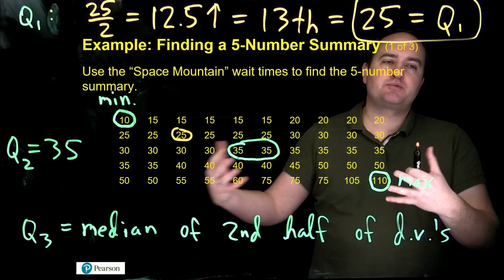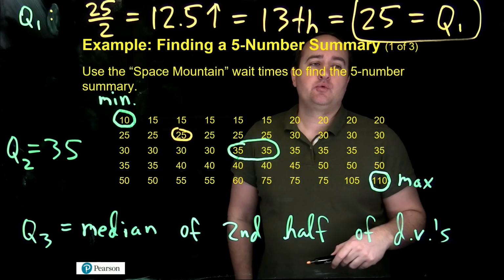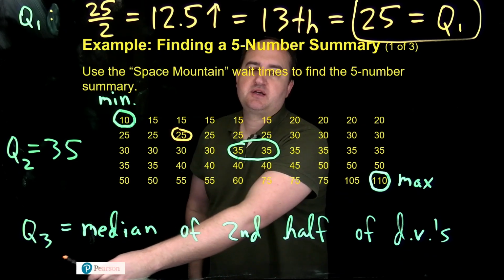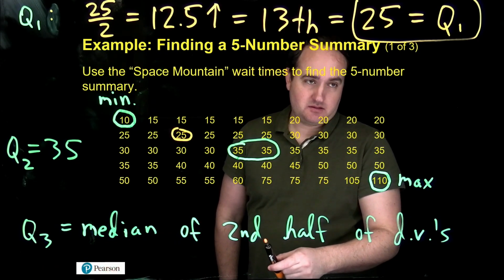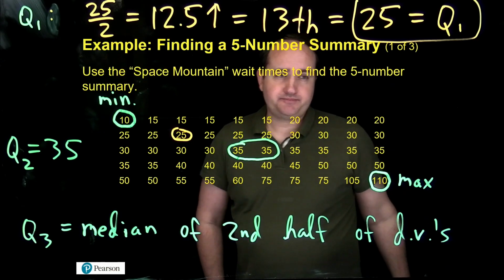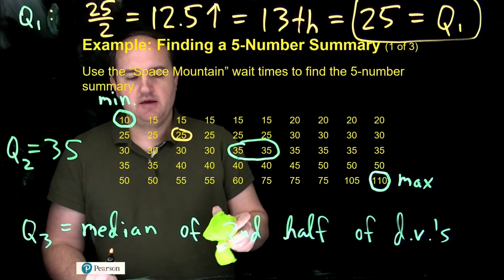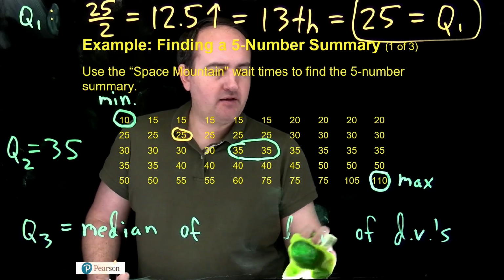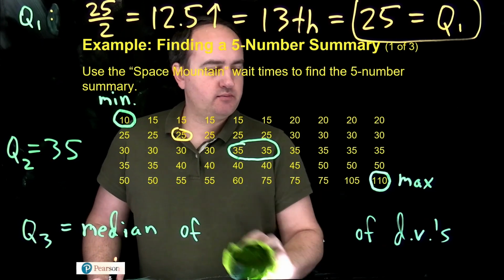So remember, in this particular data set, we had 50 data values, which means when we're finding Q3, we need to find the median of the last 25 data values. Okay, so find the median of the last 25 data values.